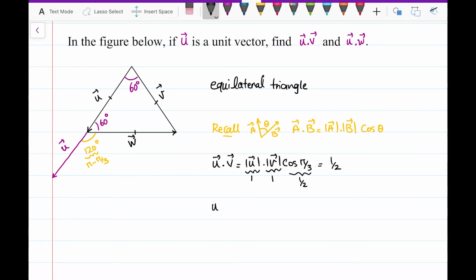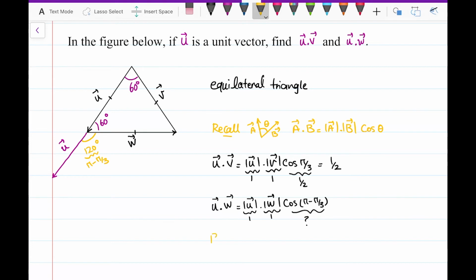It's good because I can write U dot W then. It would be the length of U, the length of W, and cosine of 120, which would be pi minus pi over 3. This is 1, this is 1. How about this one?